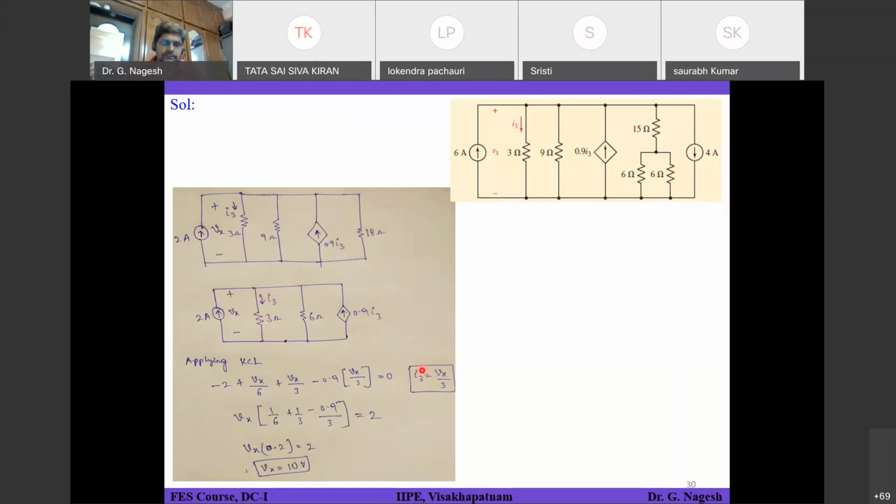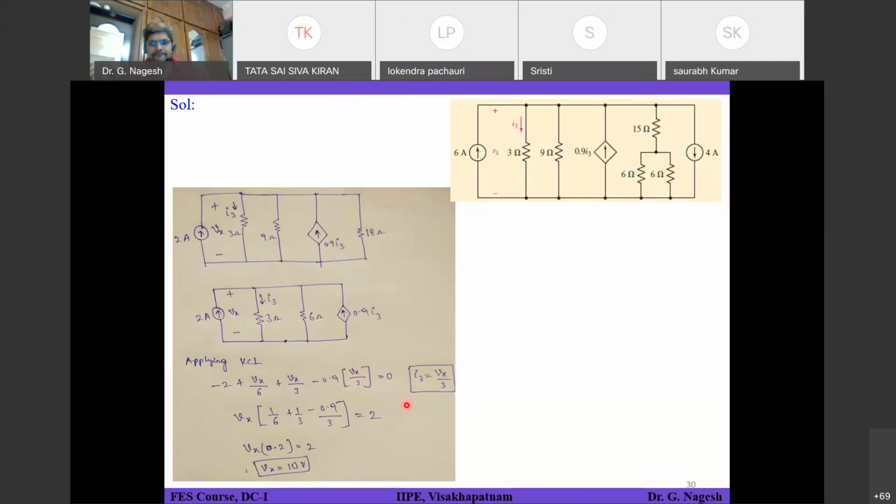Substitute this I3 in this expression, so you will get minus 0.9 into Vx divided by 3. So all currents leaving from the top node, I am writing in one equation. When all currents are leaving, you have to take the algebraic sign into account, so in that direction you have to use plus or minus sign for the different branches.